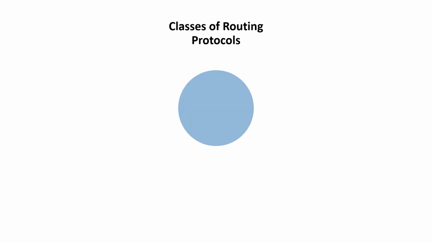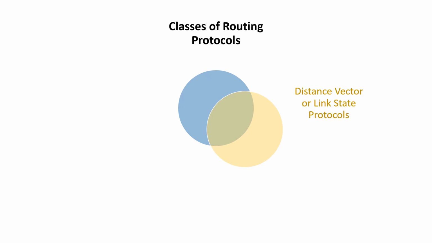Now we can see the classes of routing protocols. There are a number of routing protocols, but each of them falls under four basic classes. That is, there are four classes of routing protocols.